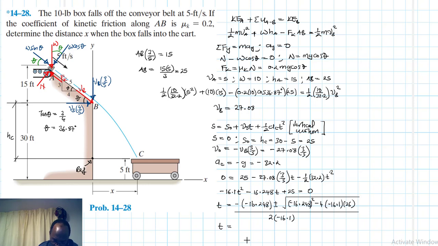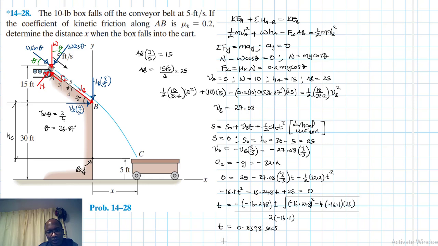So 16.248 squared plus 4 by 16.1 by 25 square root of that. And then we have a 16.248 divided by like so. So this is the time it takes, 0.8398 seconds.